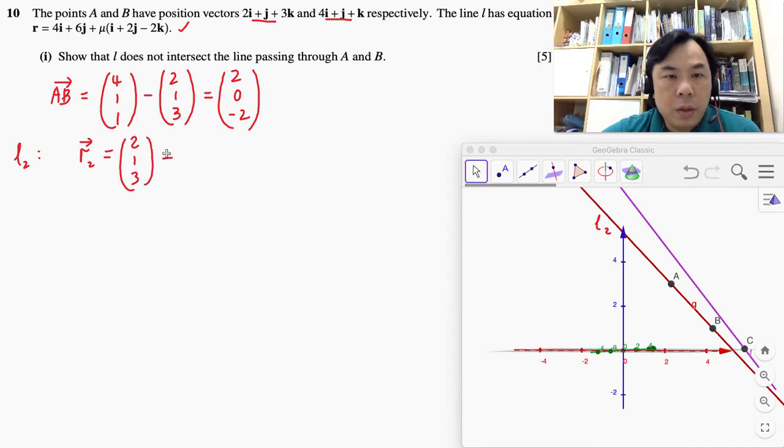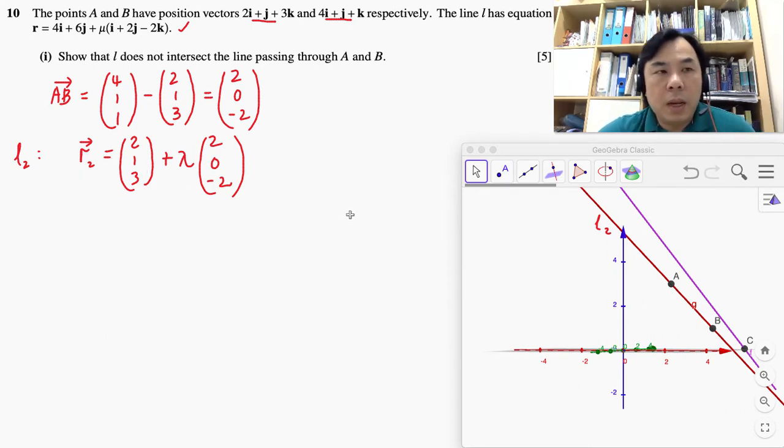Then we need a parameter. Like for line L, which has the parameter mu, we can represent the parameter for line L2 as lambda, followed by its direction. The directions can be given by this. That's the line equation that represents the line passing through the two points A and B.